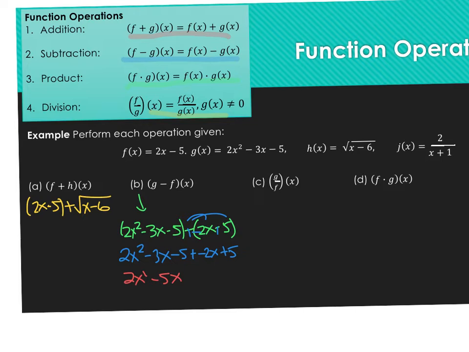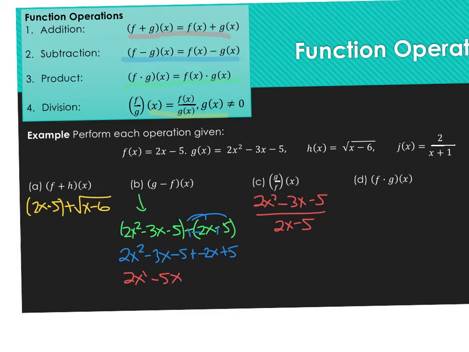If we look at c, we'll do g of x, which is 2x squared minus 3x minus 5, and then we'll divide by f, 2x minus 5. Just like in Algebra 2, when you simplify rational expressions, you have to make sure there is nothing else in common. So we're going to factor the numerator.